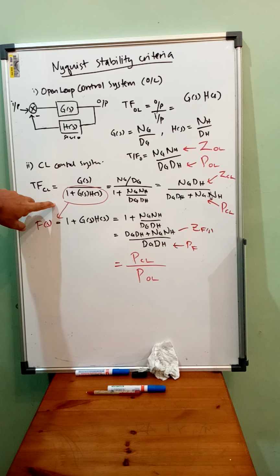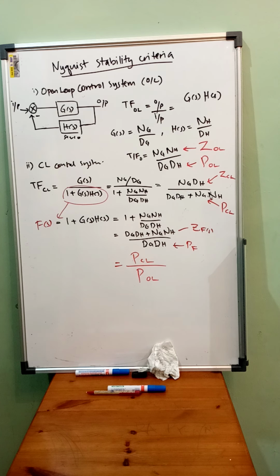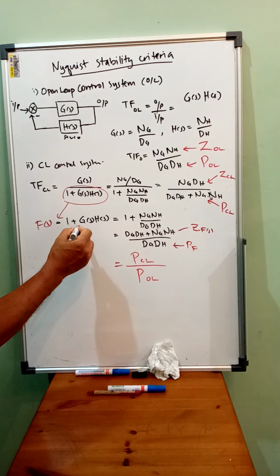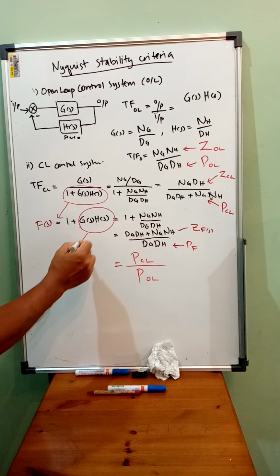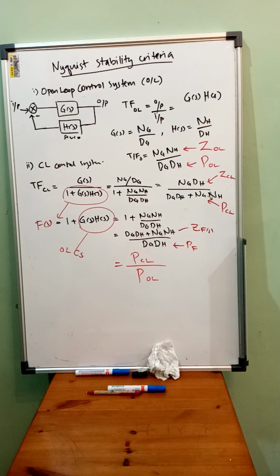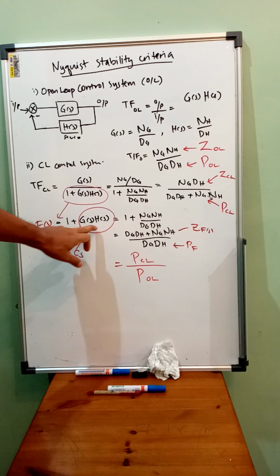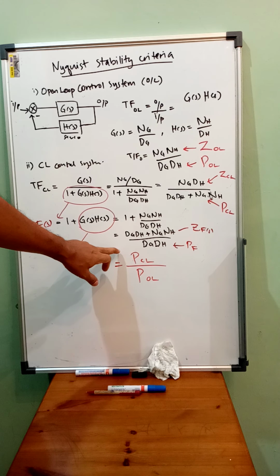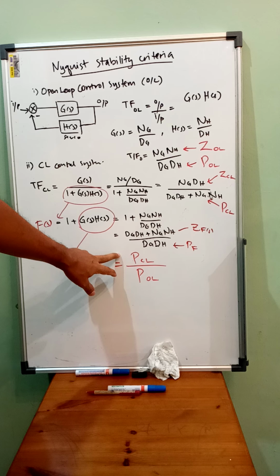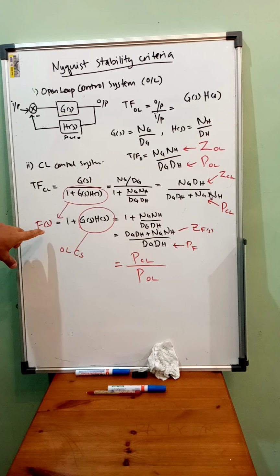Then we can know the stability using this equation. By using this one-to-one mapping, we can know the stability of both control systems. So that is the beauty of this equation.